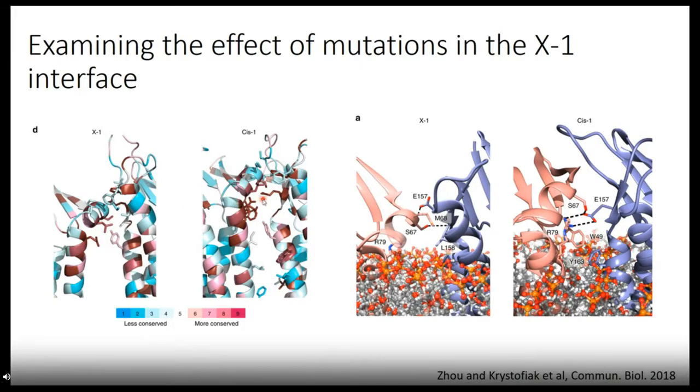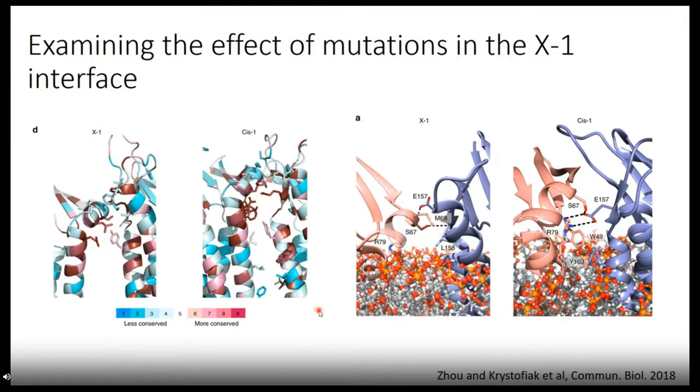We also found that if you rotate this interface a little bit from the crystal structure, you get a more energetically favorable interaction. And this might be a good mechanism for how the strands actually bend. So from our analysis, we determined that the serine 67, right next to the methionine 68, is probably pretty important because it's forming hydrogen bonds along with this glutamic acid 157 on the adjacent Claudin.